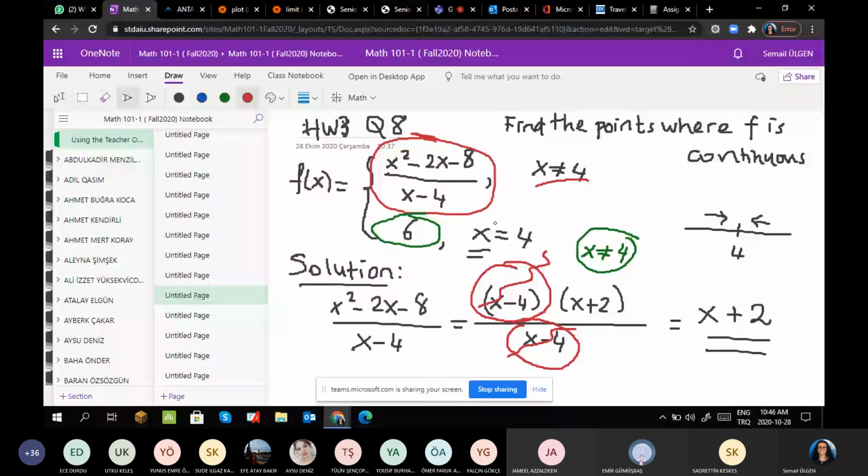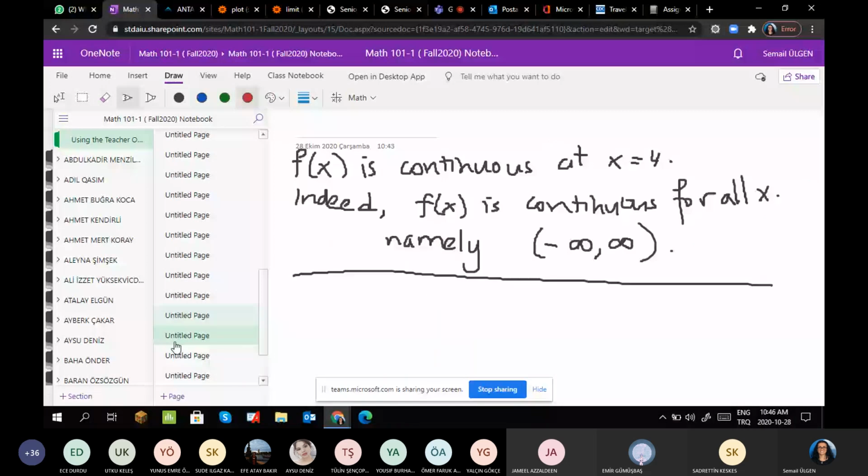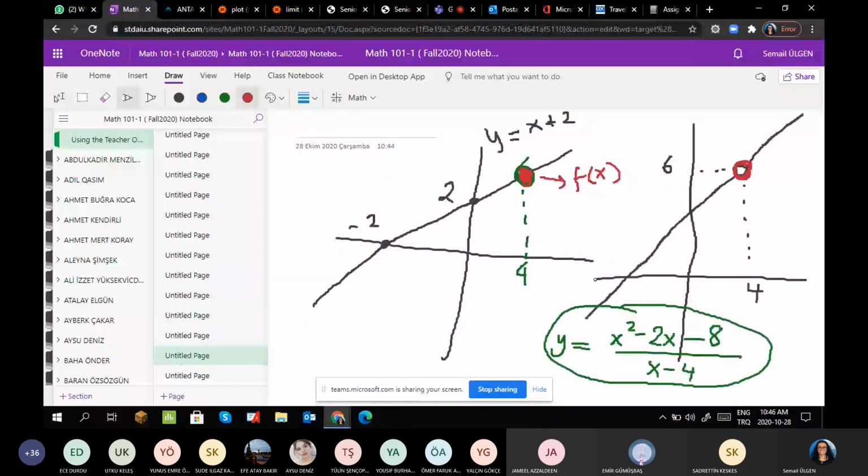So now f is continuous. So this is an interesting question. I want you to understand this well. These are the graphs. Maybe the red color is the f. Let me draw the red graph. Red graph is the f.